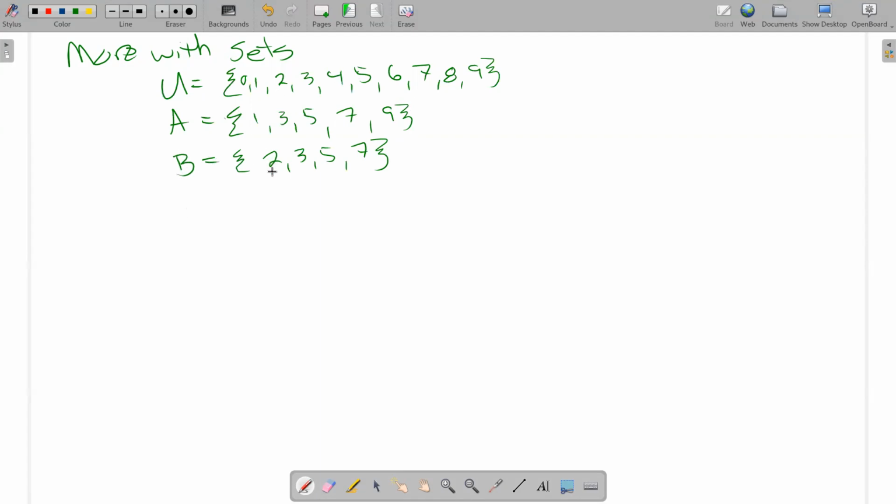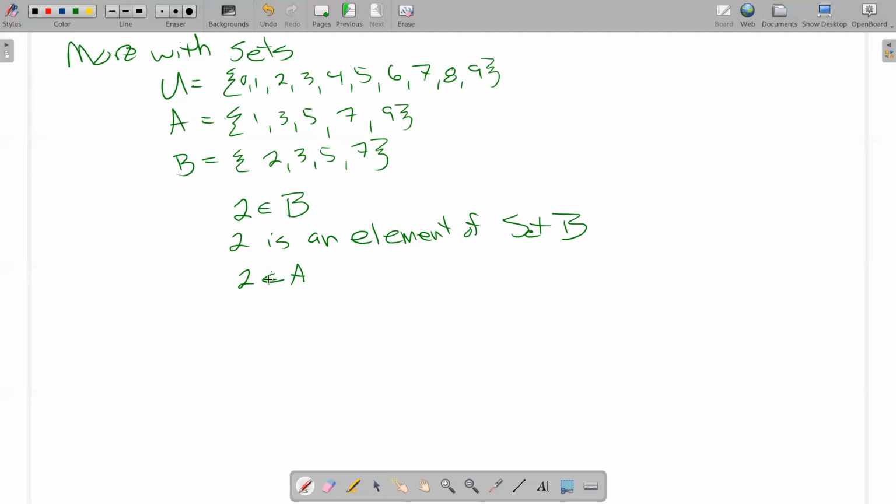Now, sometimes we'll talk about elements in the set. So if you see something like 2 in this funky shape like that, and then B, this says 2 is an element of set B. I could write something like 2 is an element of set A, but if we look at set A, we can say, whoa, no, wait a minute, 2's not in there.